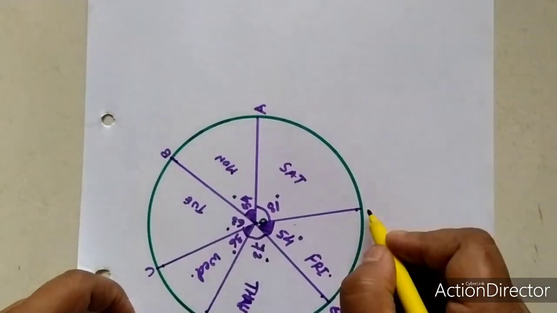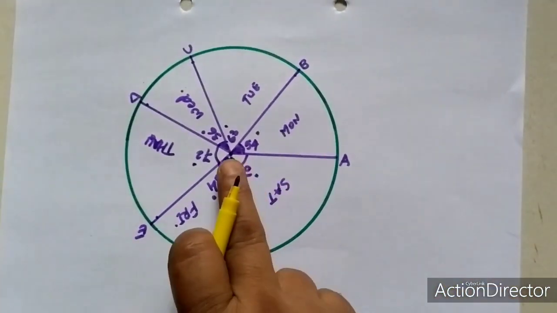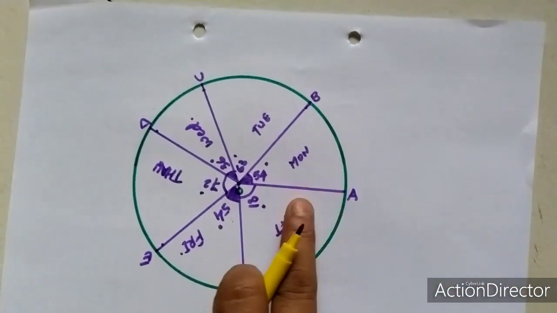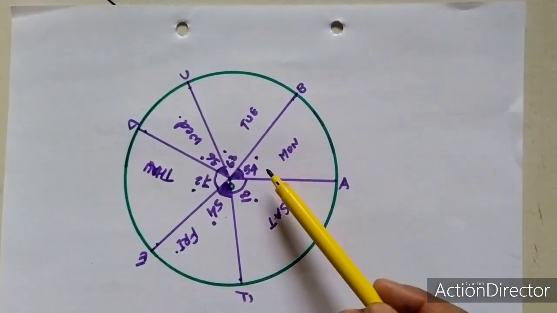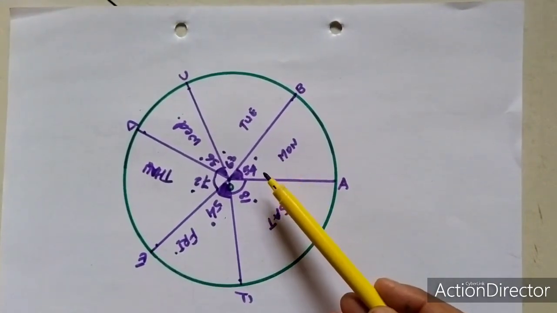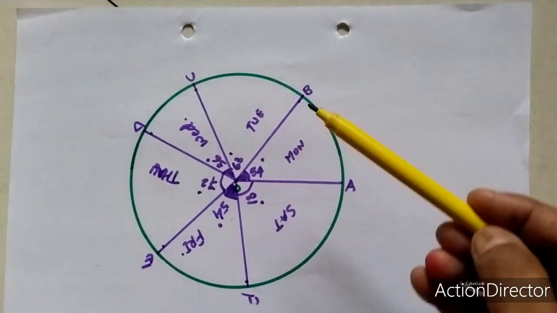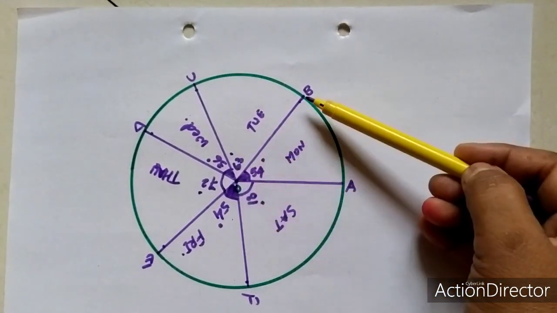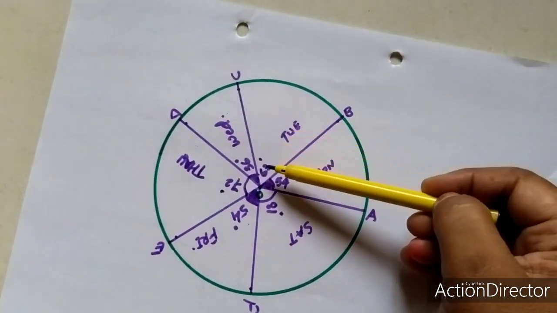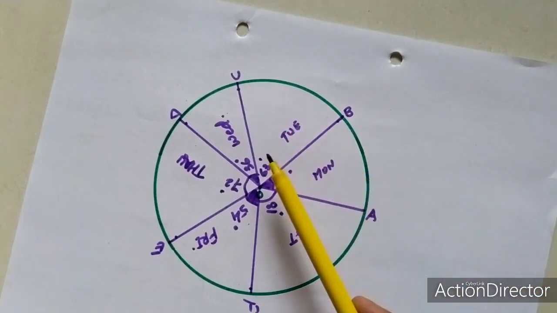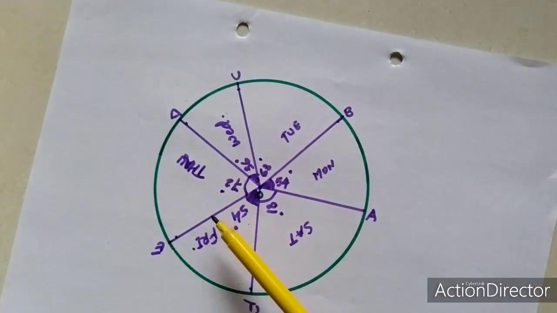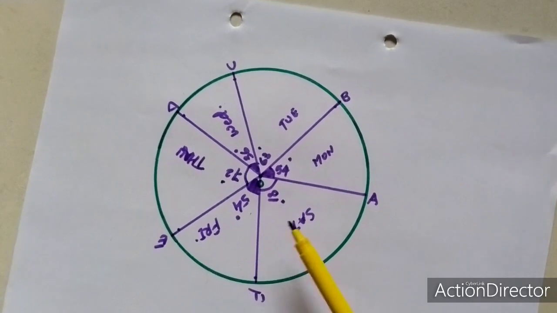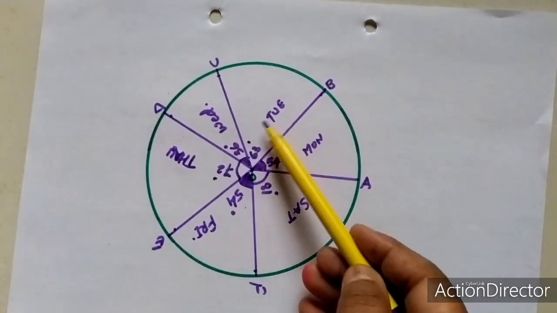I already marked this point as the first line OA as radius. With the help of this radius, we are going to make angle 54 degree with the help of protractor, not compass, okay. Now second radius, you are getting OB. With the help of this baseline, you will just make 63 angle, and in the same manner with the different radii and with the different components, you are going to make all the sectors.